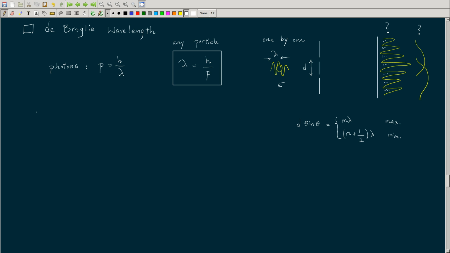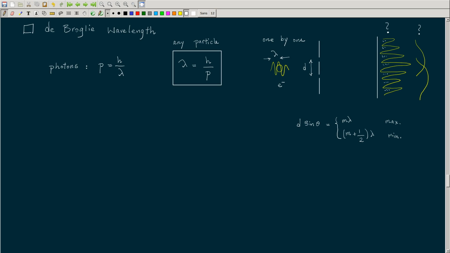The next concept we're going to talk about is de Broglie wavelength. De Broglie thought about photons having this relation between momentum and wavelength. So photons have this wavelength, the wave property here, which explains how much momentum a photon has.